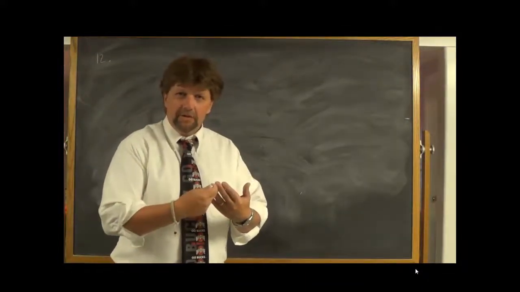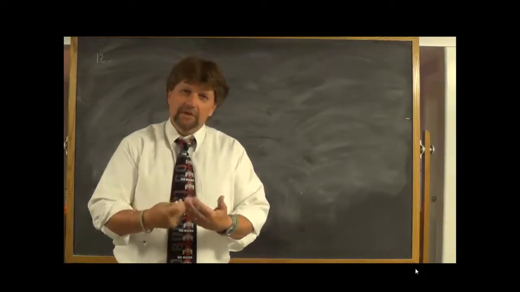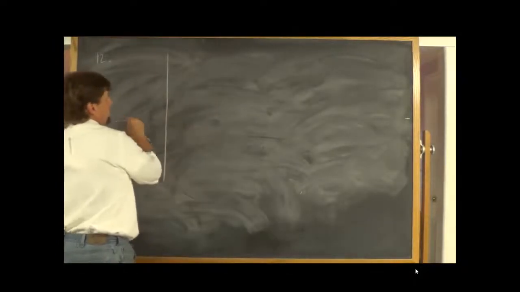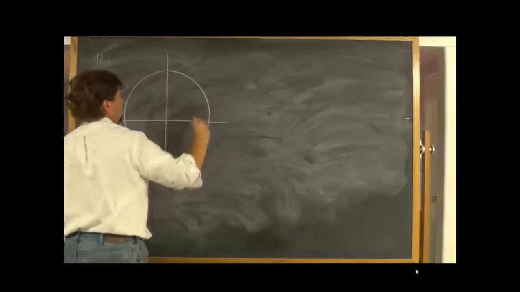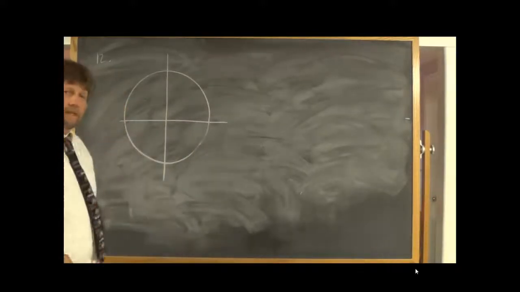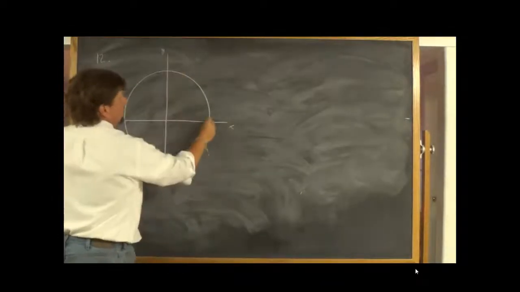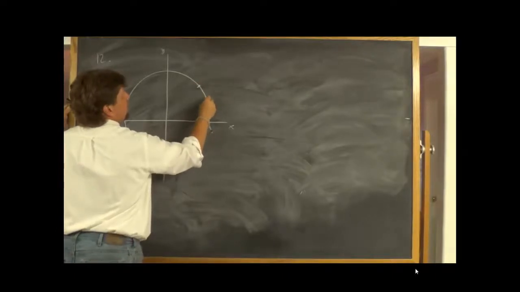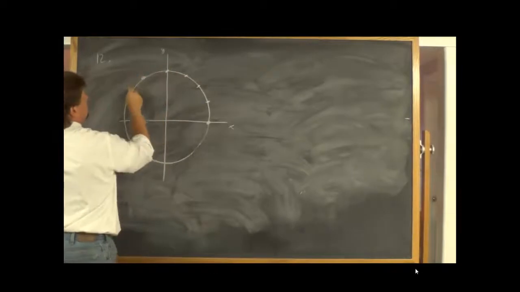I'm going to try to draw a circle now. It won't be that good. It won't be as good as the one you see on your test. But you will see a circle. That's not too bad for me. And these points will be labeled all the way around the unit circle.